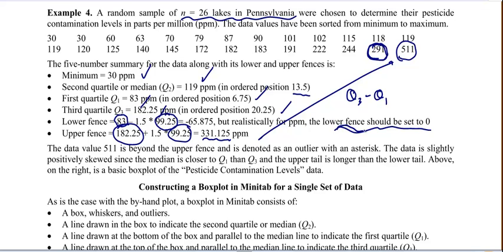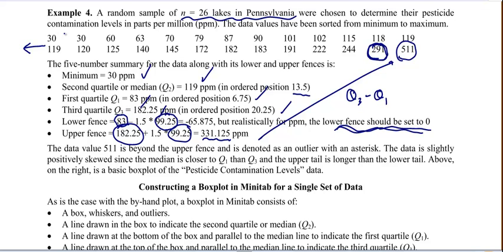The lower fence is at 0, and as you can see, there are no data points below 0. 30 is our minimum, so our lower whisker is going to extend to 30. For my students, a lot of them get confused about where the lower or upper whisker stops, and those whiskers don't go to the fences, they go to the last data point within the fence.